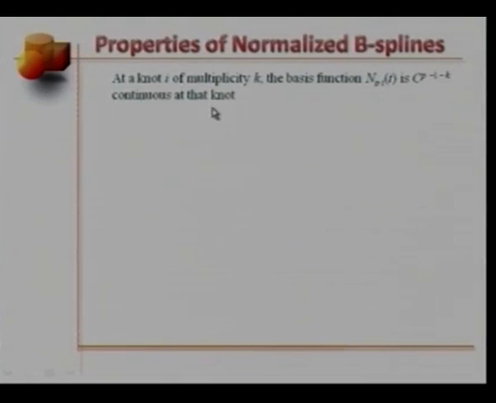Now, let's pause for a while and try to understand this. For simple knots, that is for k equals 1, an order p basis spline function has to be C^(p-2) continuous everywhere. If you plug in k equals 1 here, we get C^(p-1-1), which is C^(p-2) continuous, and that is for simple knots.